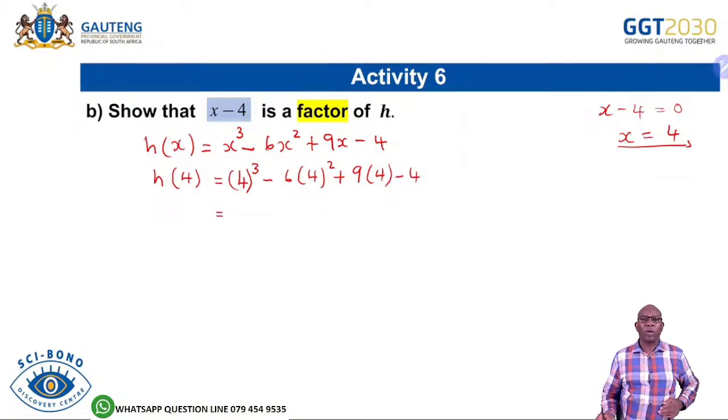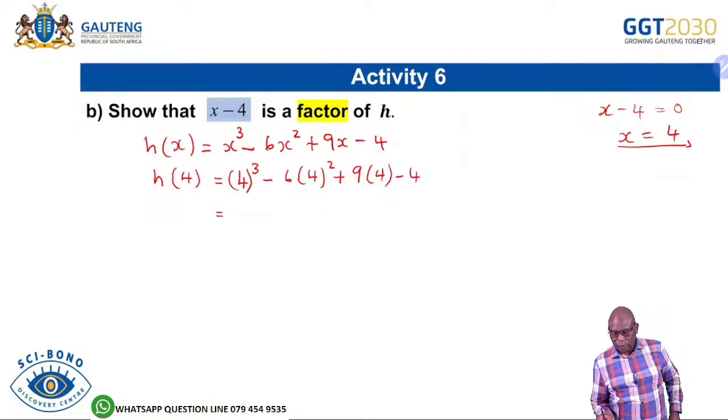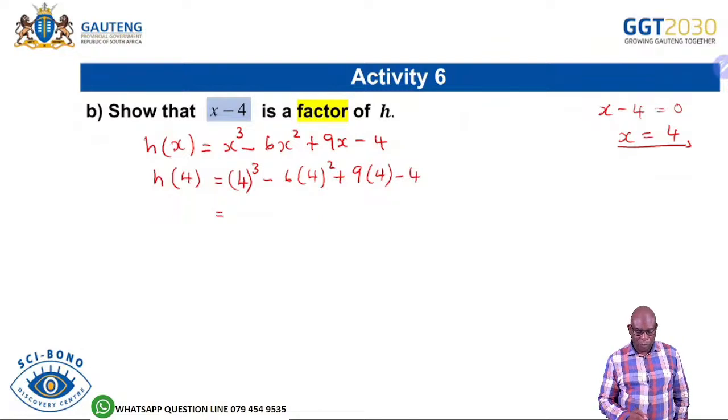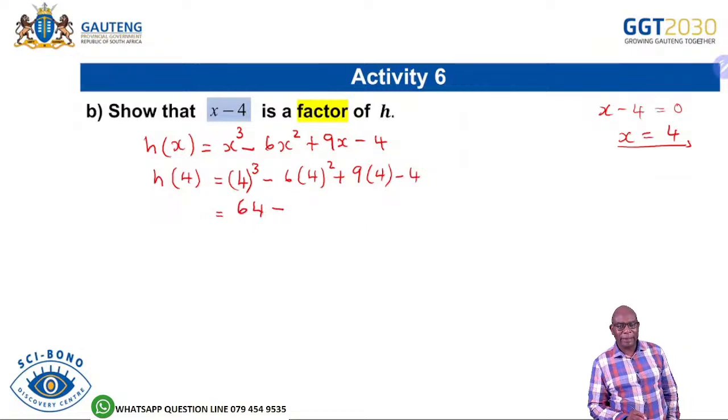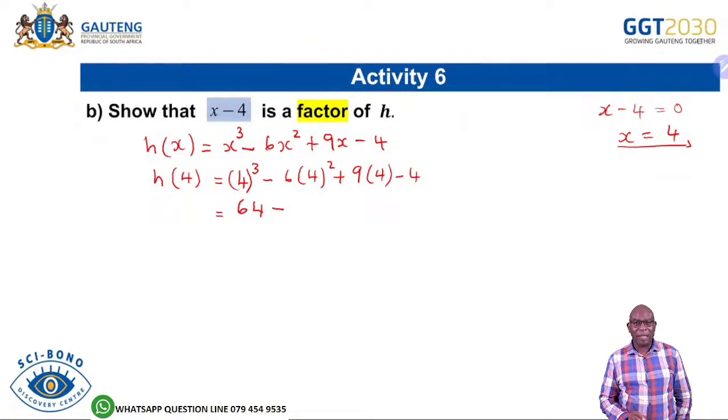Now you can use your calculator. Because now I don't have my calculator with me, I know 4 cubed is 64. Then I know 4 squared is 16. 16 times 6 would be 96. Then 9 times 4 is 36, minus 4.